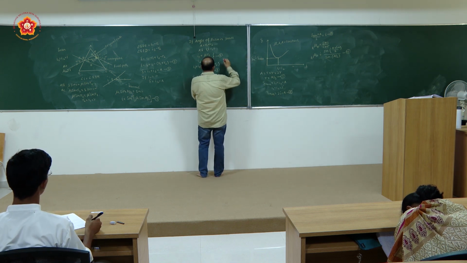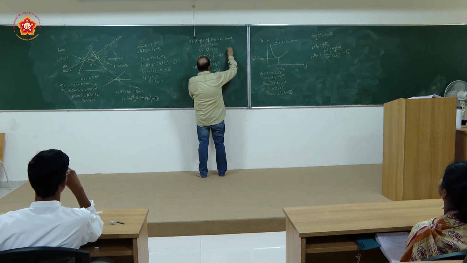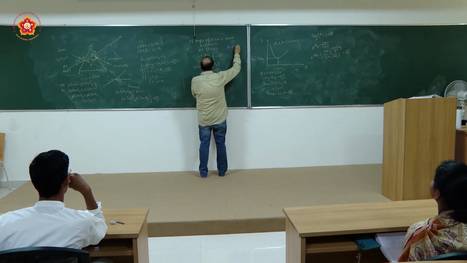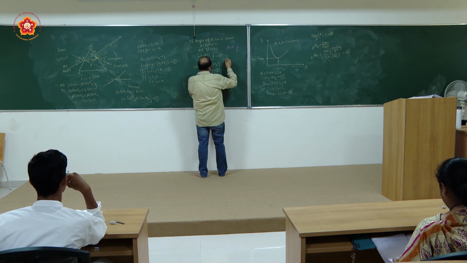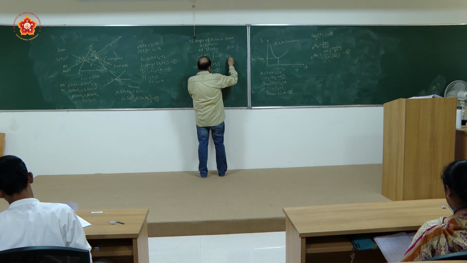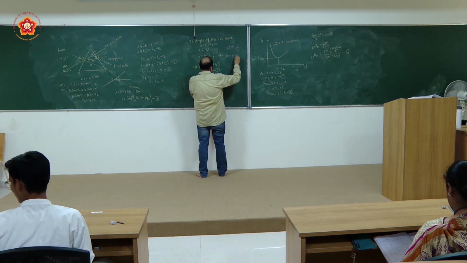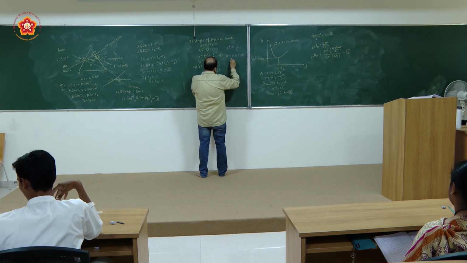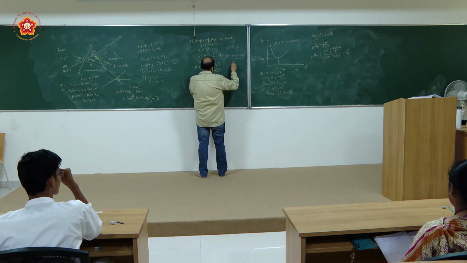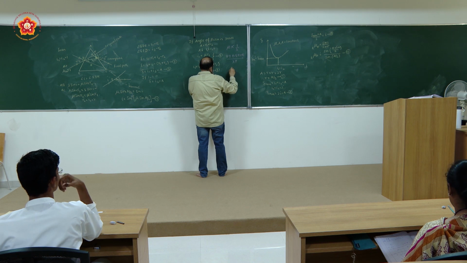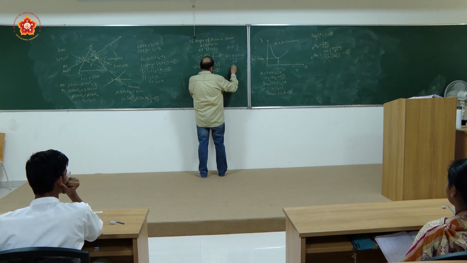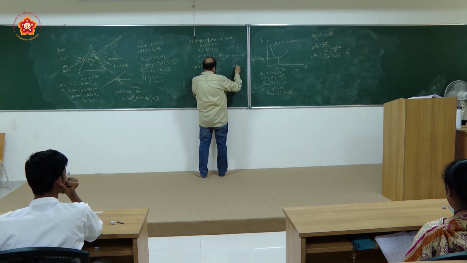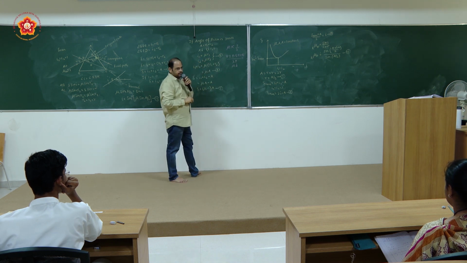Now you are aware of the fact that refractive index mu is proportional to 1 upon lambda. So when we are looking at the VIBGYOR, this is arranged in the increasing order of the wavelength. So you are able to see that refractive index will be in a decreasing order.